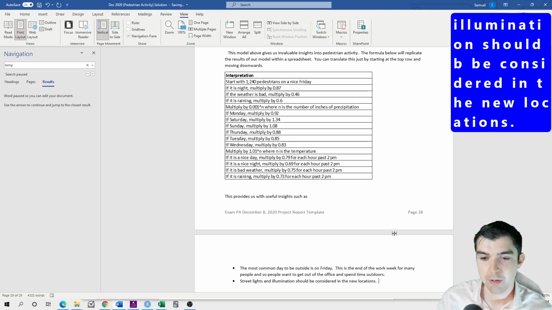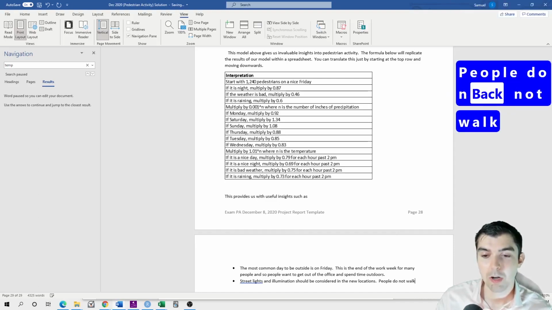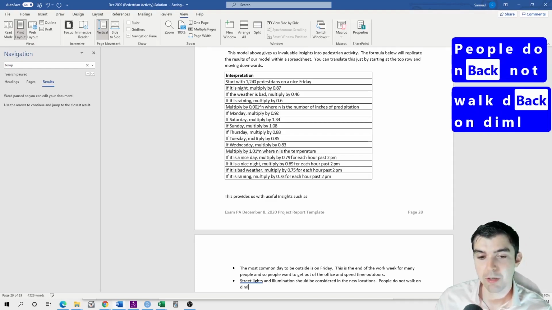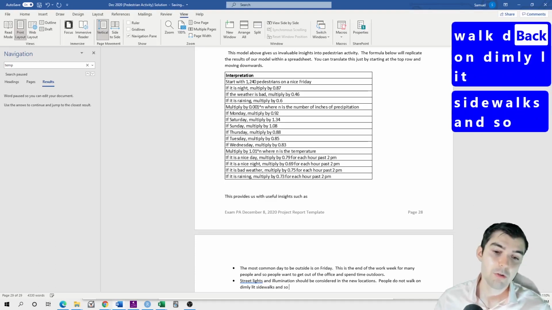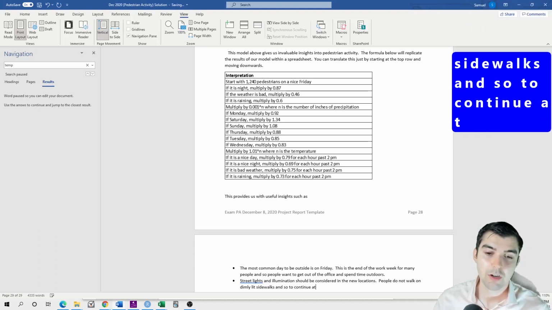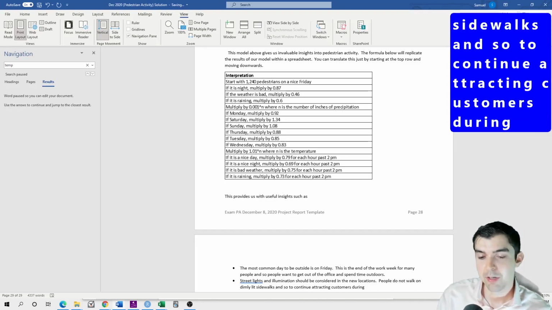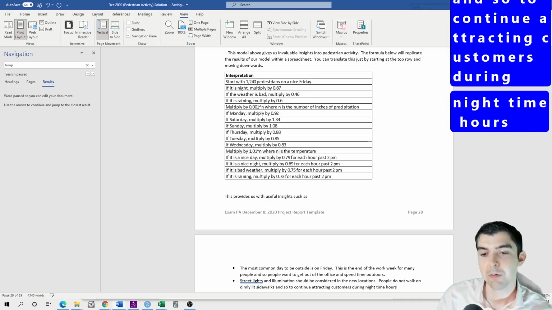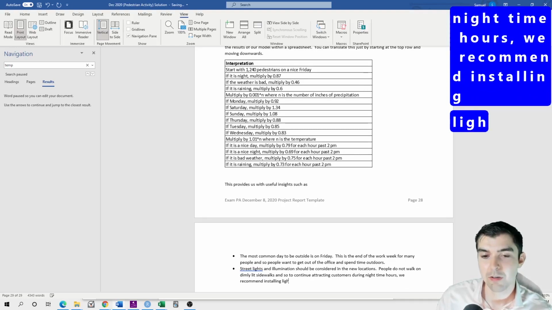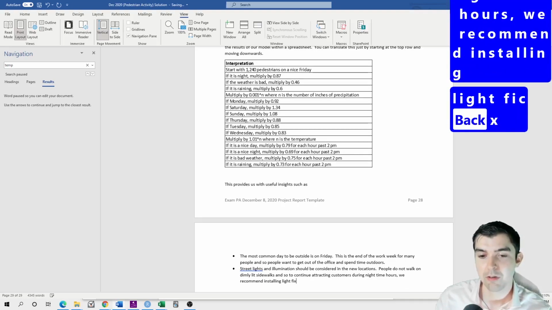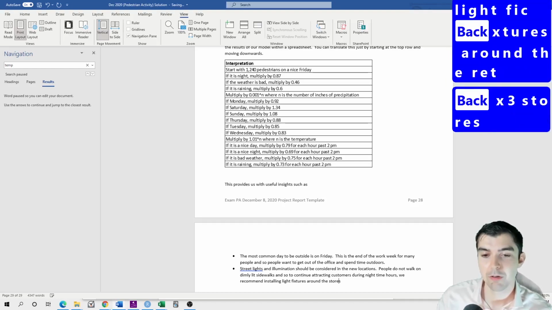People do not like to walk on dimly lit sidewalks. And so to continue attracting customers during nighttime hours, we recommend installing light fixtures around the retail stores.